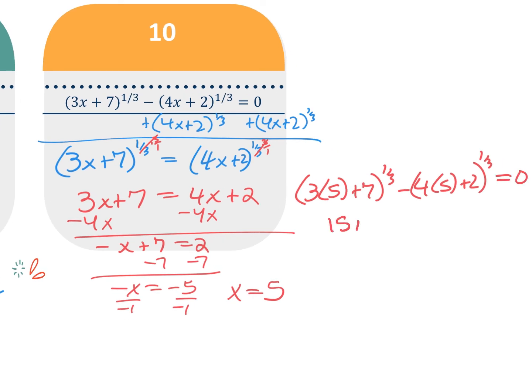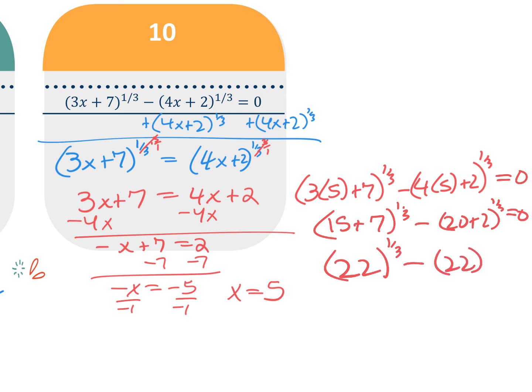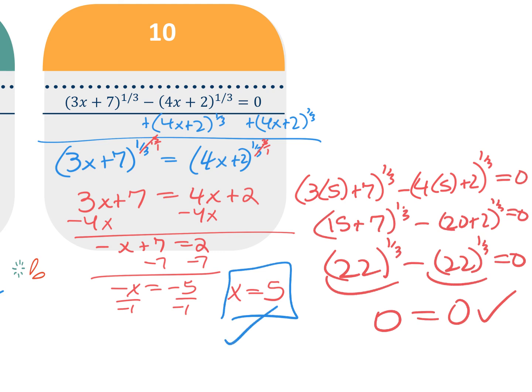So 15 plus 7, 20 plus 2: 22 raised to the 1/3 minus 22 raised to the 1/3. We don't need to worry about figuring out what the cube root of 22 is because anything subtracted by itself is 0. 0 equals 0. This is a good answer. It checked.